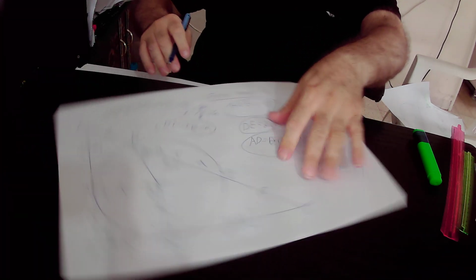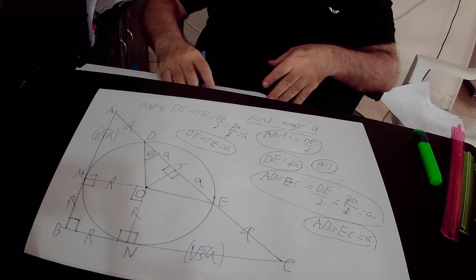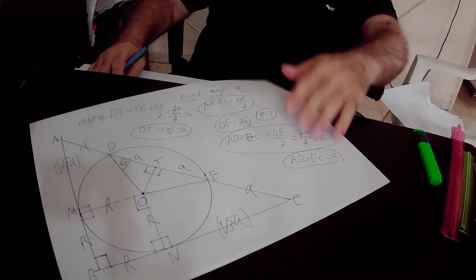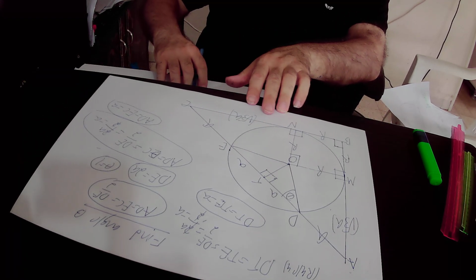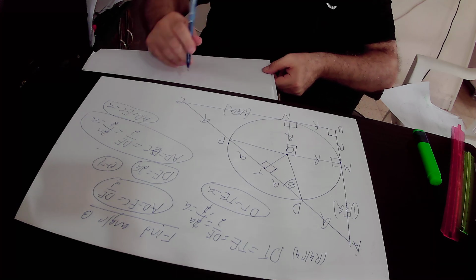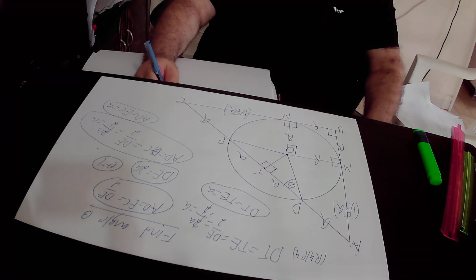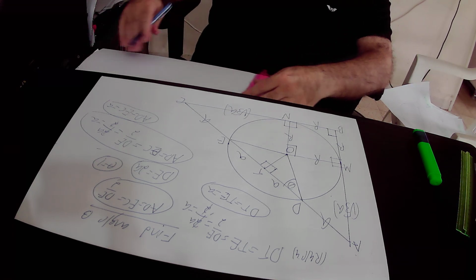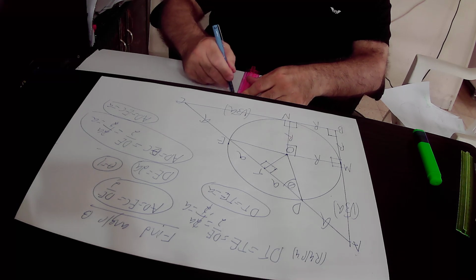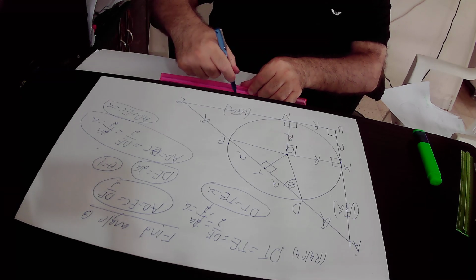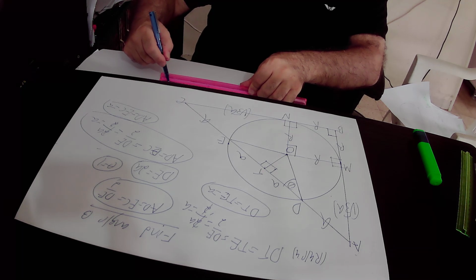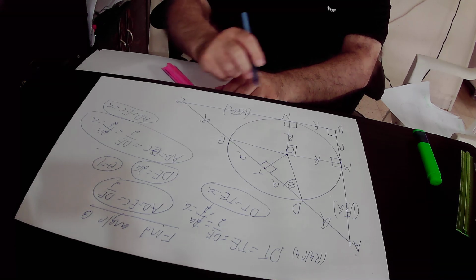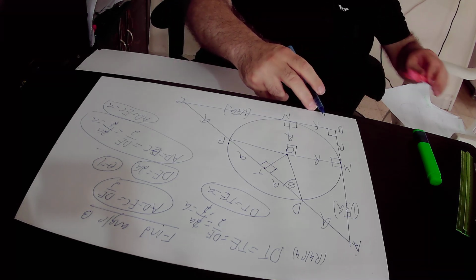In the next step, I will copy the right triangle ABC in a new page and we'll analyze triangle ABC. Angle ABC equals 90 degrees.